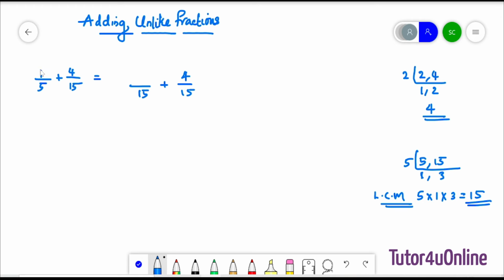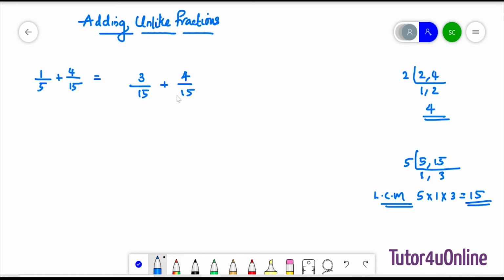But in the first fraction, the denominator is 5, and we need 15. To convert 5 into 15, you should multiply with 3. If you multiply the denominator with a number, you should multiply the numerator also with the same number. So 5 times 3 equals 15, and 1 times 3 equals 3. So the numerator is 3.